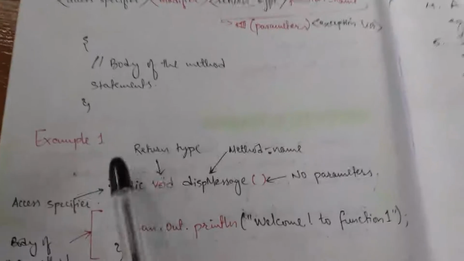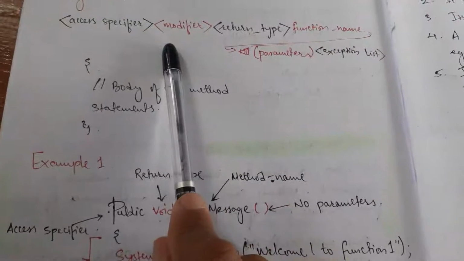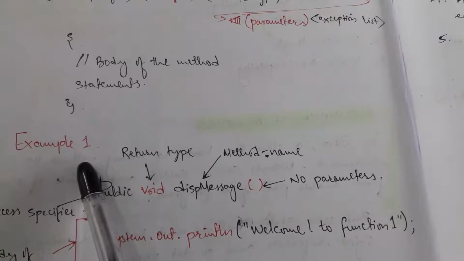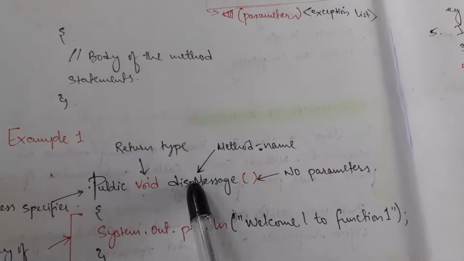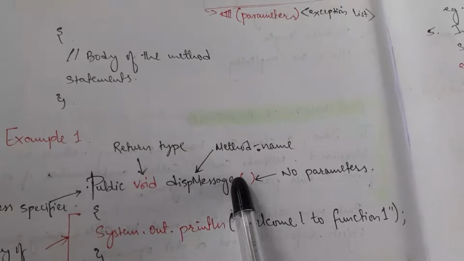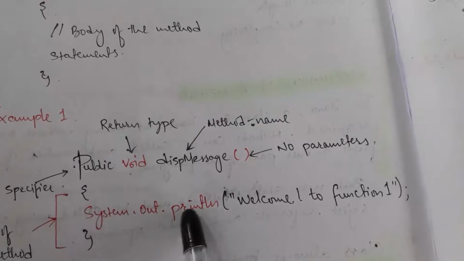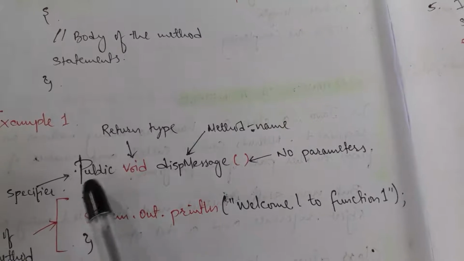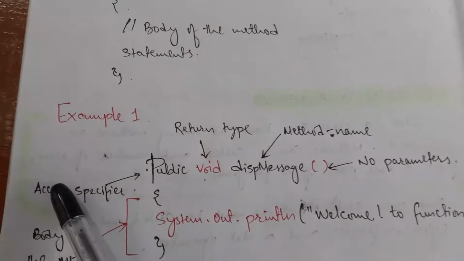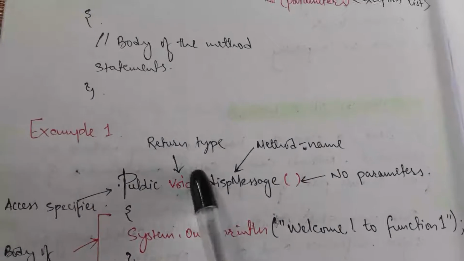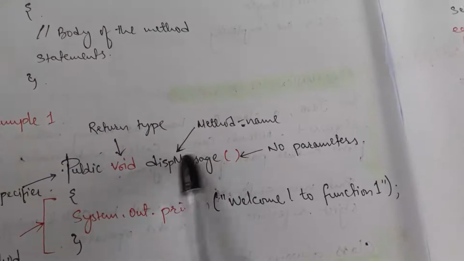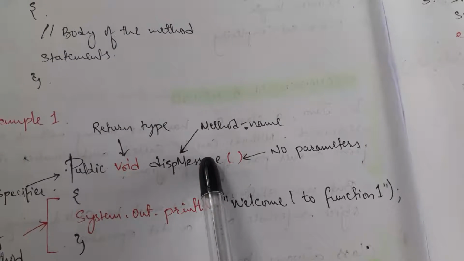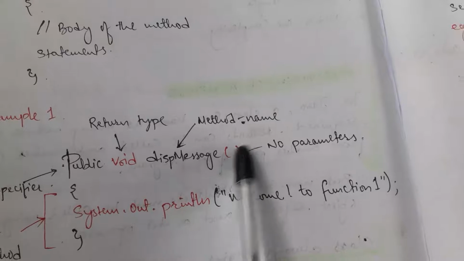Now I'd like to explain the same method format with the help of two examples. The first example is public void dispMessage, brackets open and close, and the statement is written inside the curly braces. So public is considered as the access specifier, void is the return type, and the method name is dispMessage for this example, and then the parameter list.